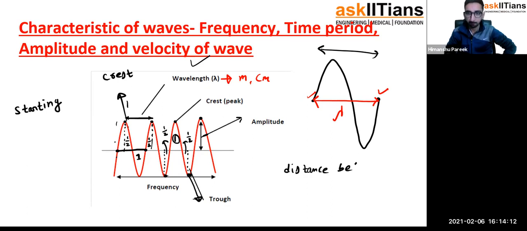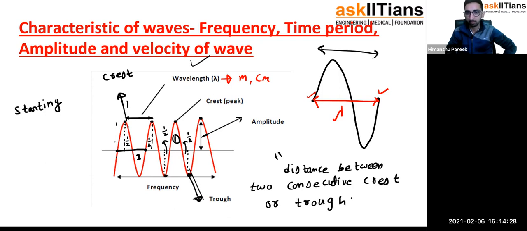Distance between two consecutive crests or troughs is known as the wavelength. That also we can say. So either you can say the distance traveled by the wave in one time period, or the distance traveled by the wave in one oscillation, or the distance between two consecutive crests or troughs is also known as the wavelength.